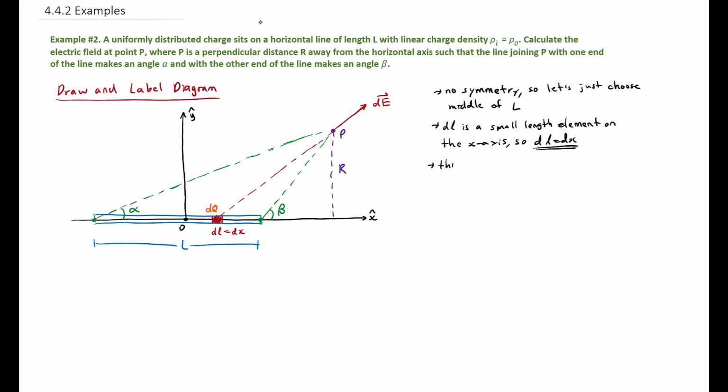It means this dx has a charge dq. dq is equal to the linear charge density times dl, but we're told over here that the charge density is rho naught. So we have rho L equals rho naught. So dq is equal to rho naught dl, which is equal to rho naught dx.